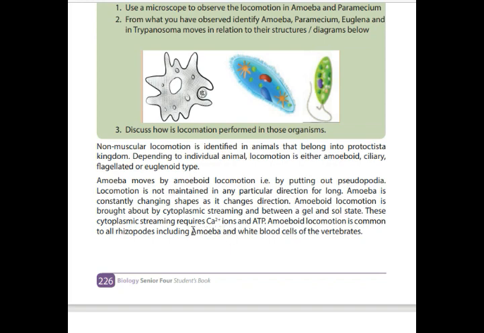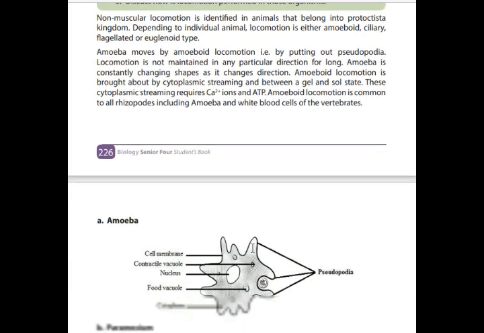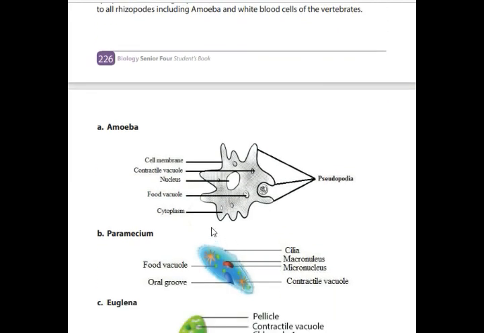Yes, the white blood cells in vertebrates can move by amoeboid movement, and amoeba can also move by this type of locomotion.